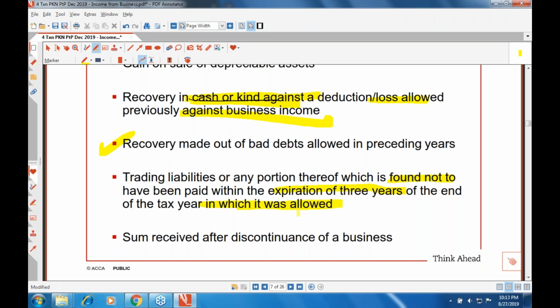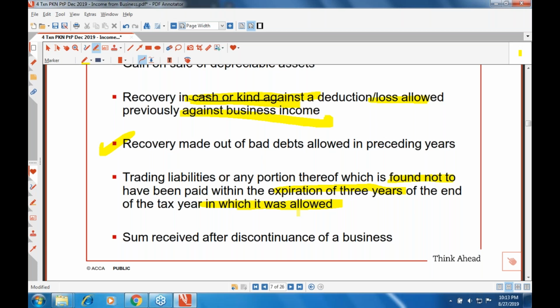I'm going to discuss this concept a bit later also, but let's try to understand this. As per the tax rules, you are allowed to follow either the cash basis of accounting or the accrual basis of accounting.